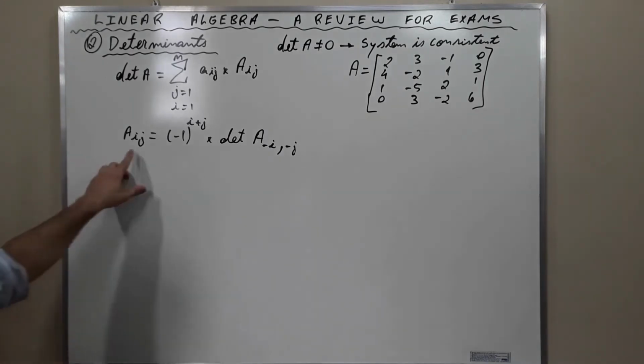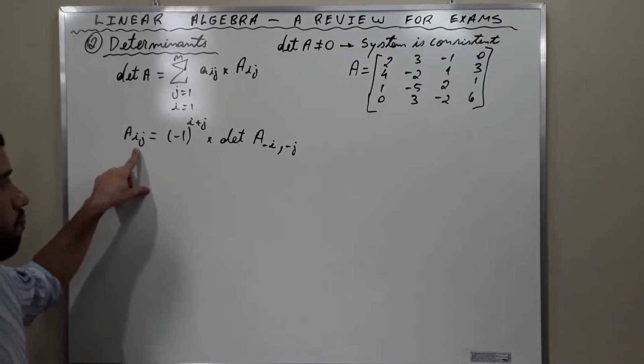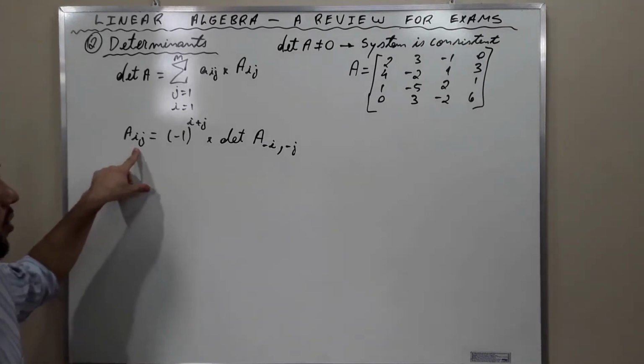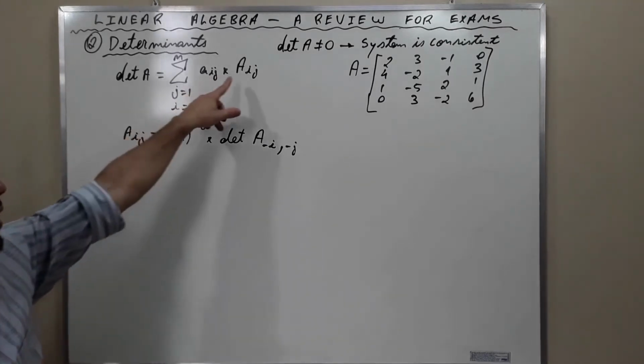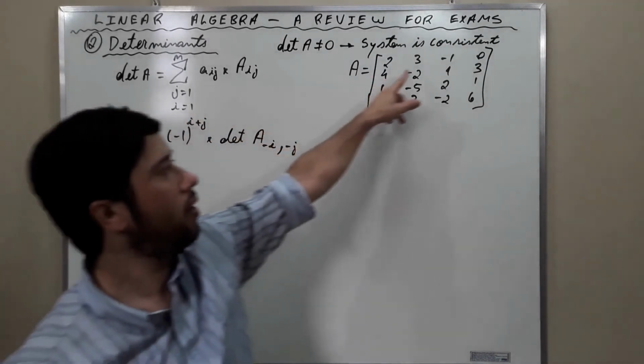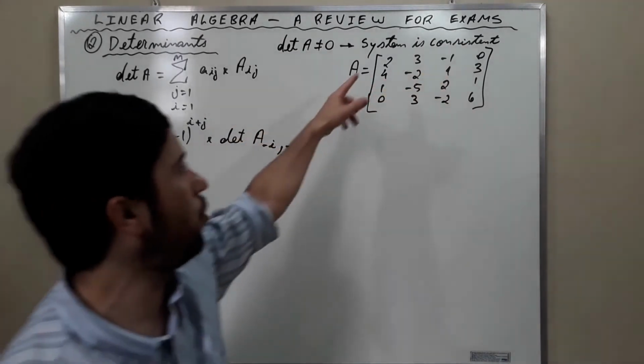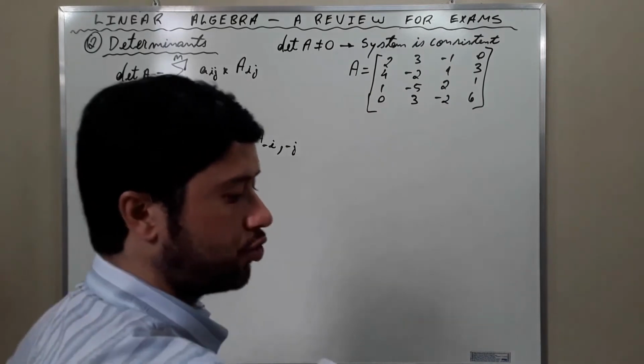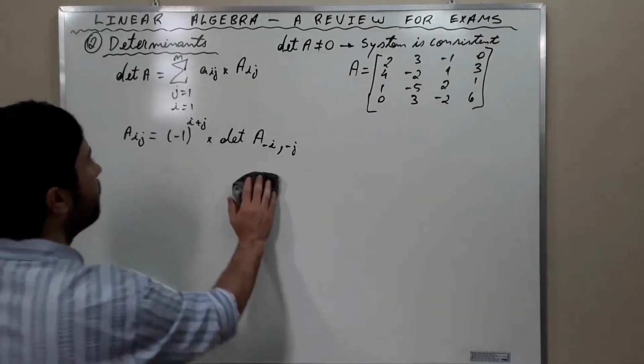Okay? So this is a cofactor, and you are going to use this cofactor for every one of the elements of the row or the column that you choose.